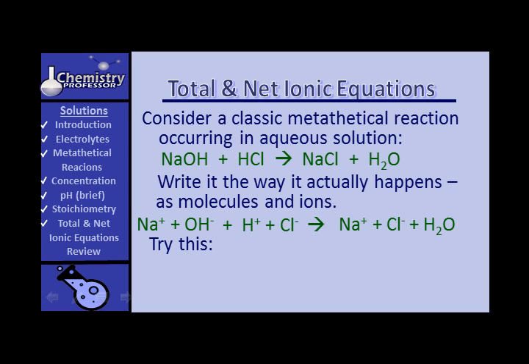Now look at this one. We have potassium chloride and silver nitrate producing a precipitate of silver chloride and potassium nitrate. Let's write it as ions and molecules.